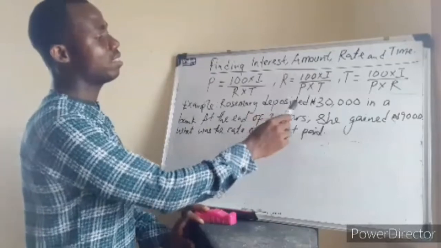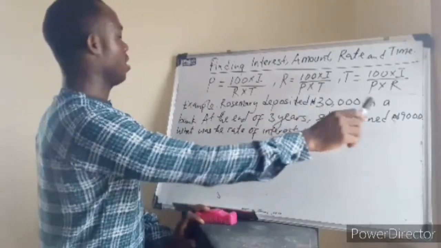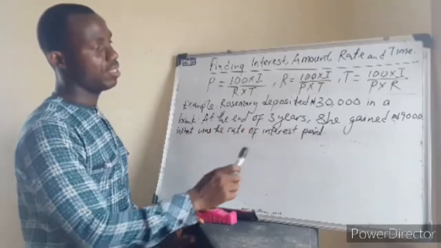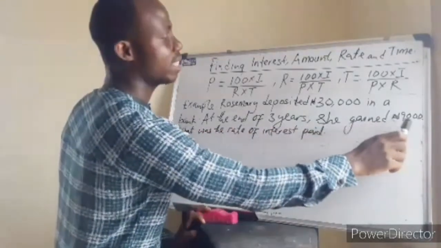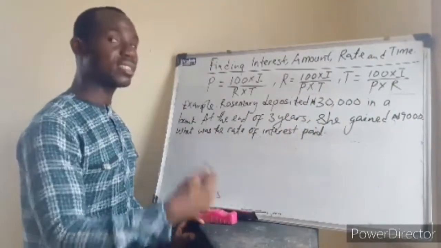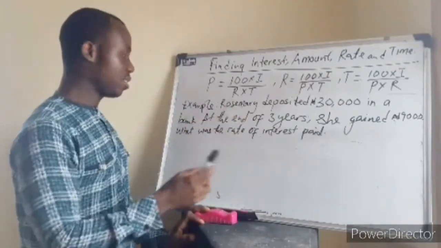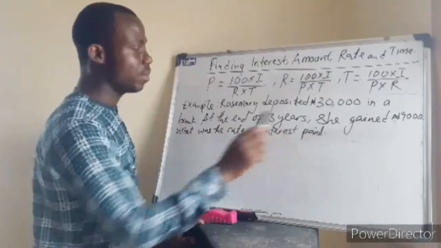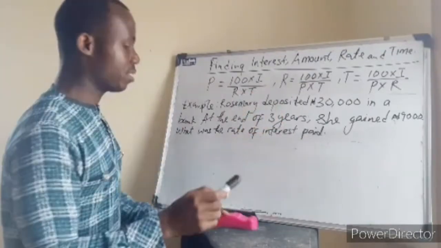Rosemary deposited 30,000 naira in a bank. At the end of 3 years, she gained 9,000 naira. That is the interest. Gain means the interest. What was the rate of interest paid? Which means we are looking for rate.